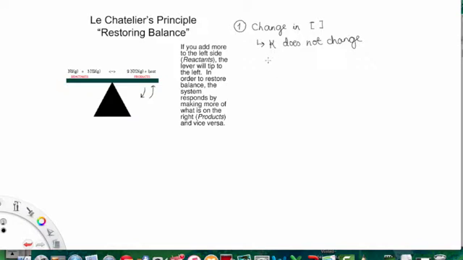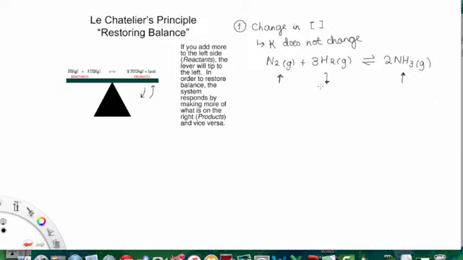So let's look at an example. N2 gas plus 3H2 gas goes to 2NH3 gas. Let's say we increase N2 and we increase NH3, but we decrease H2.